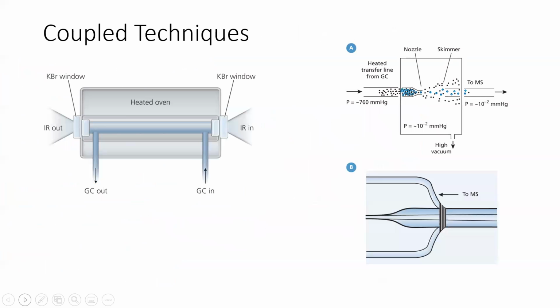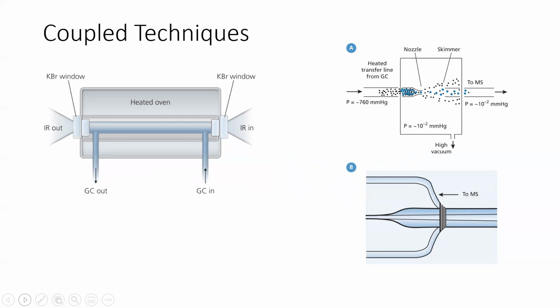And so that's where these last two techniques come into play, right? As we've talked about, chromatography is not really a very good method for determining what's in our mixture. It's mostly a method for separating that mixture into different components so that then we can use other techniques to figure out what's in it.